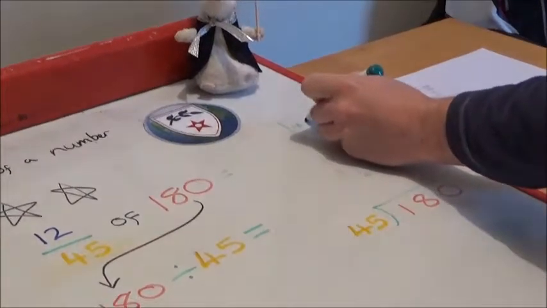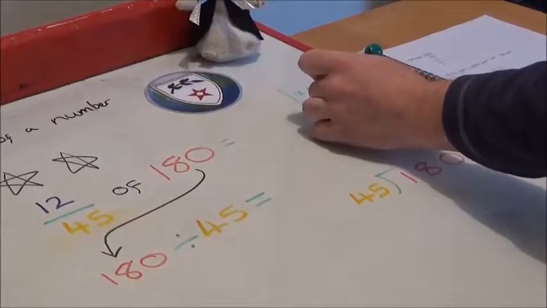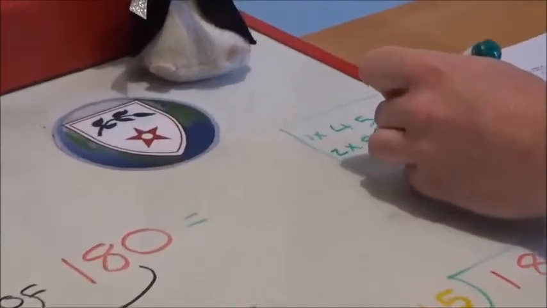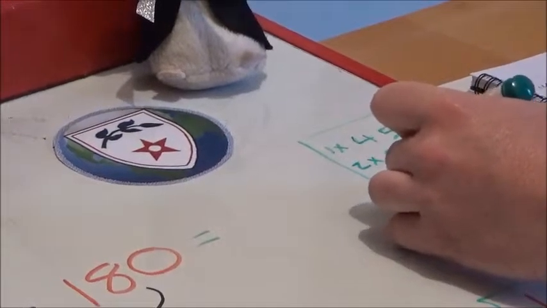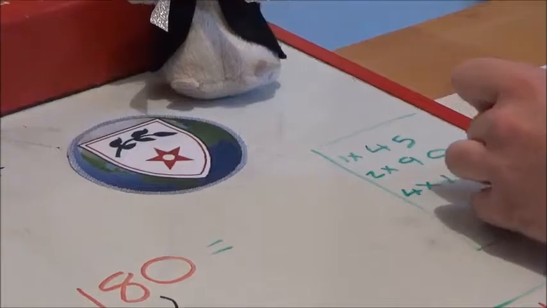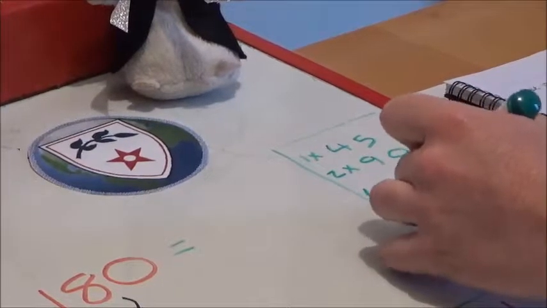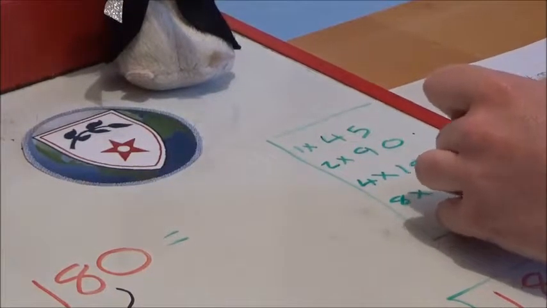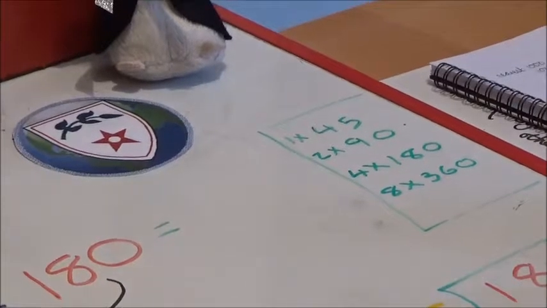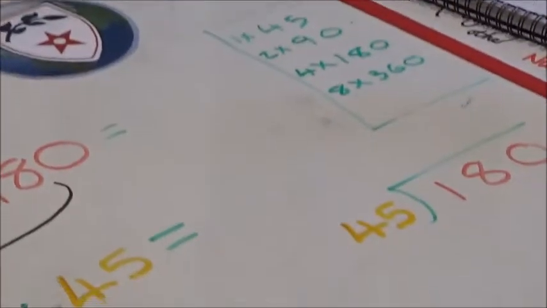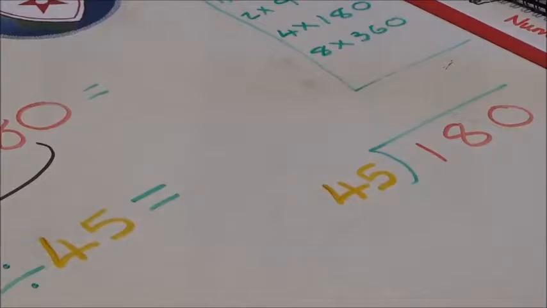So times by 1 equals 45, times by 2 equals 90, doubling that for my times 4 is 180, doubling that is 360, and to be fair, I'm going to stop there because I know actually I need 180, so I don't really need to go past that with my fact bank.